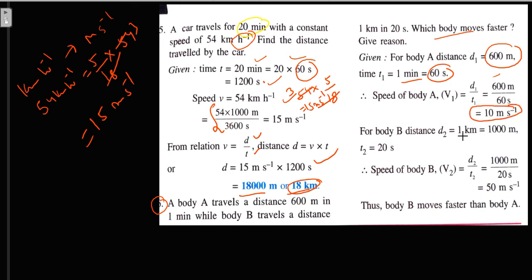In the same way, body B moves 1 kilometer, we will convert it into meter. 1 kilometer equal to 1000 meter. Time in seconds, divide it, we will get 50 meter per second. Which speed is greater? The second. So body B moves faster than body A.